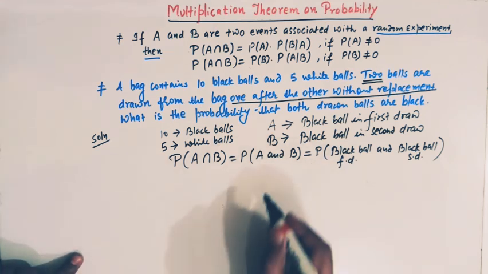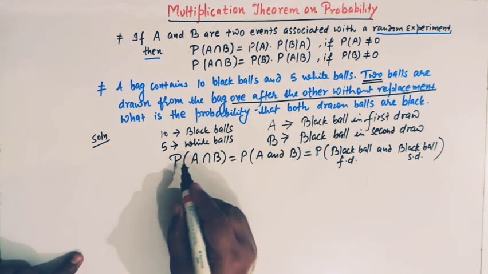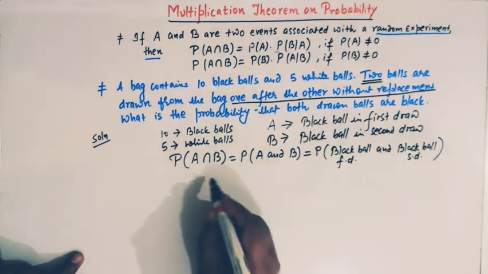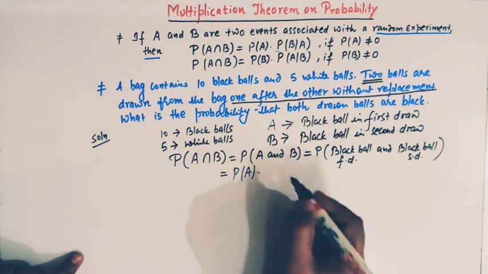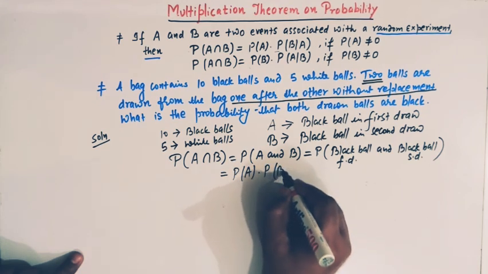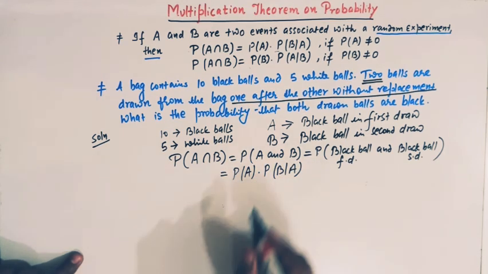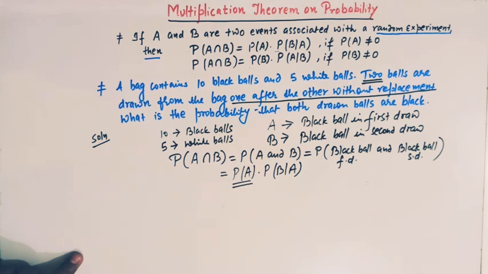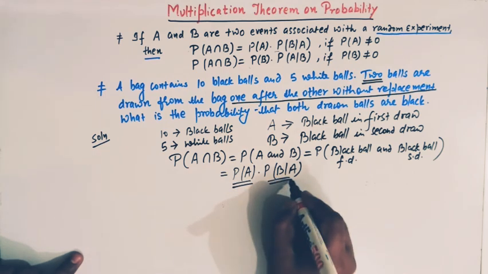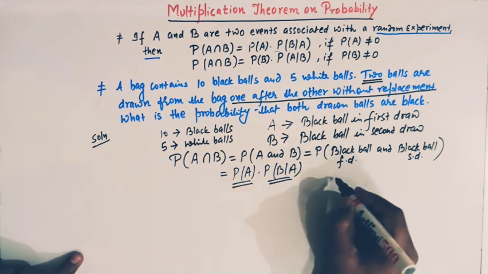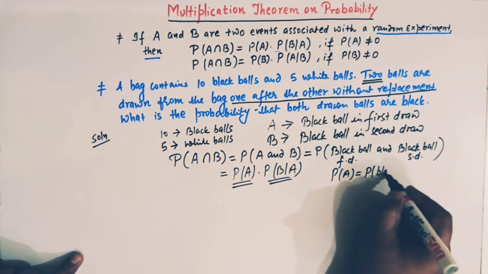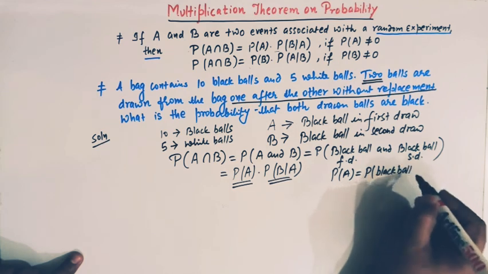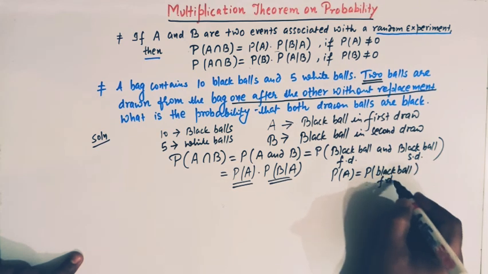So now, applying this rule, the multiplication theorem, we'll have P(A) multiplied by P(B|A). Now let us find the value of P(A) and P(B|A). So P(A) is the probability of getting a black ball in the first draw, right?